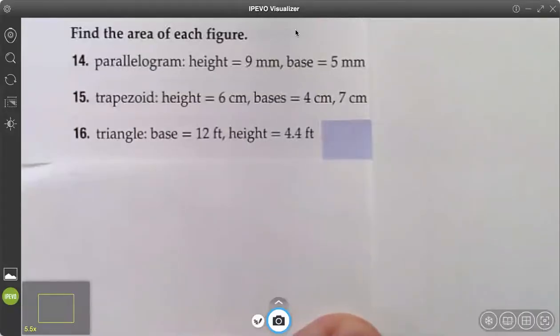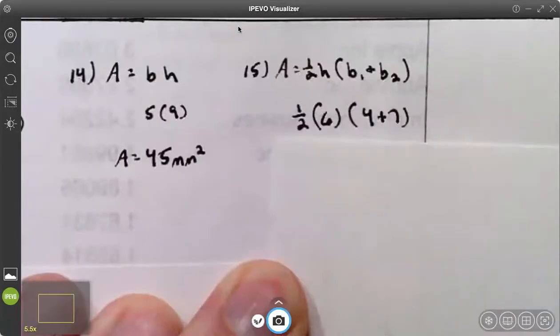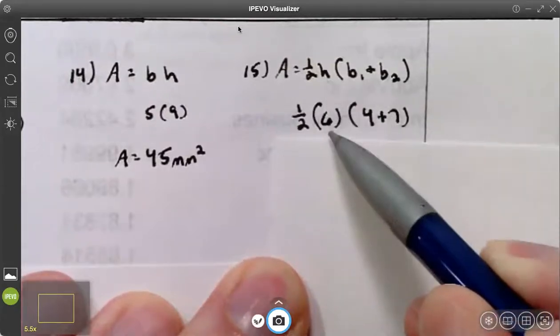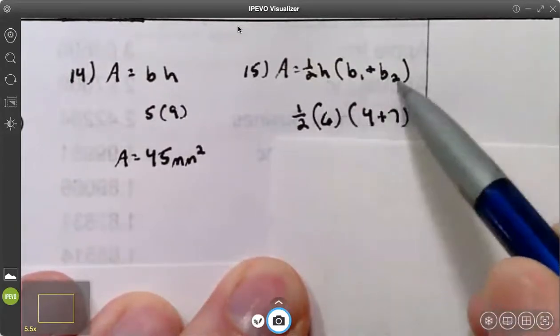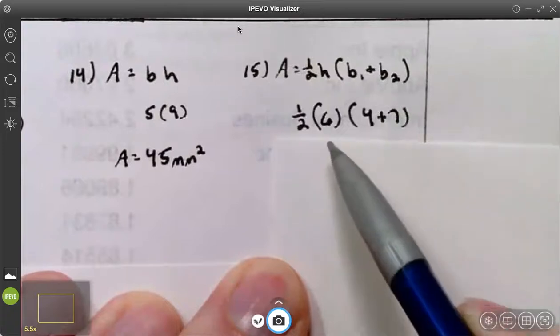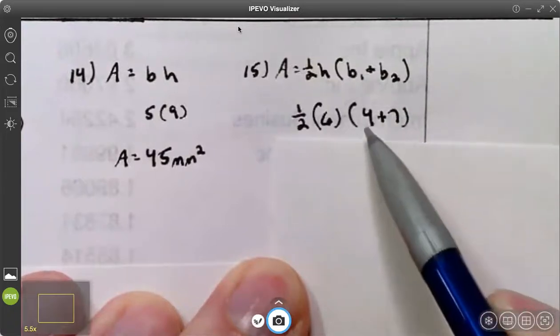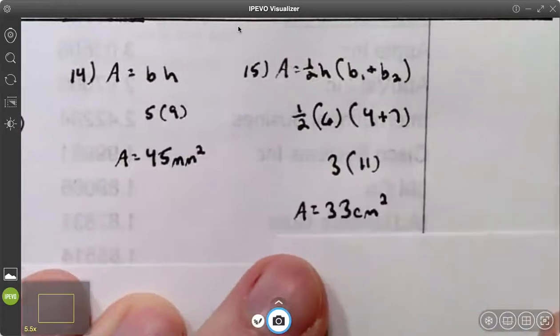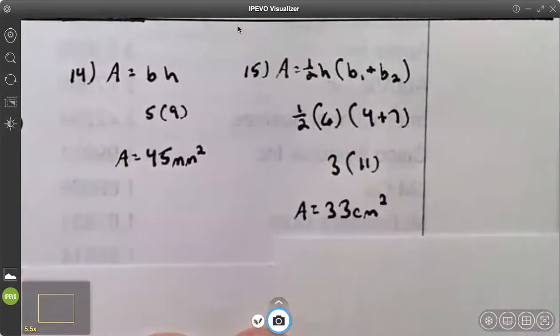Number 15 gave us the height of 6 and the bases of 4 and 7. Half the height is 3. The sum of the bases is 11. 3 times 11 is 33 square centimeters. The area of the trapezoid is 33 square centimeters.